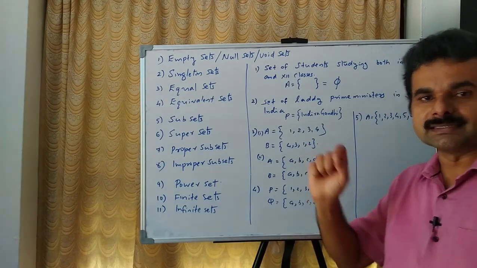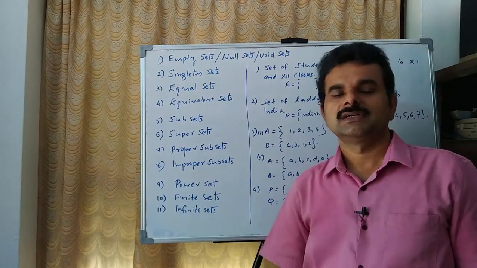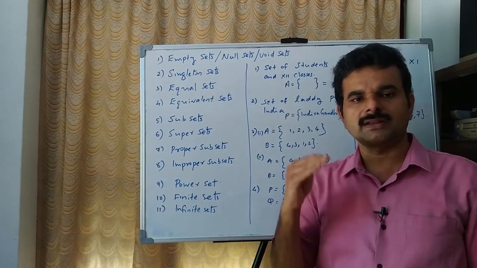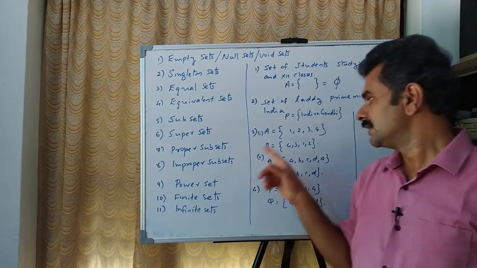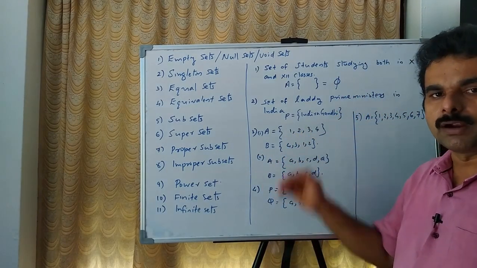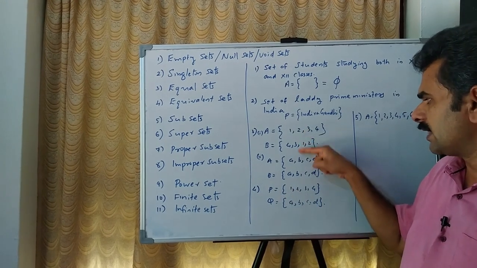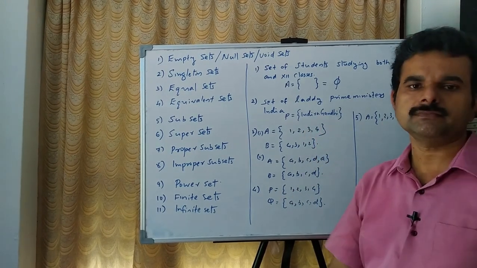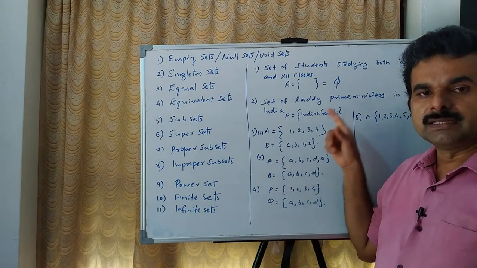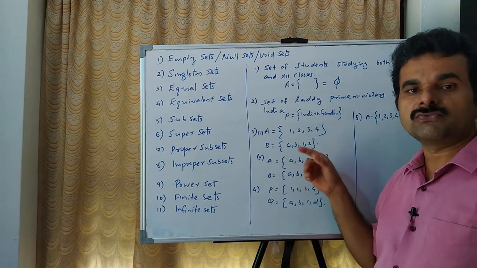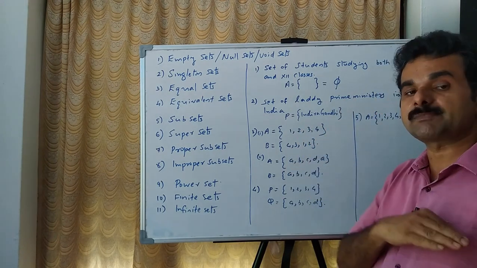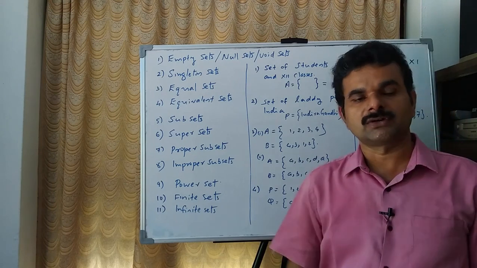To represent a set, order is not compulsory. So order is not important. You can write a set in any manner, only separated by commas, but order is not important, which means what? These two sets are equal. Because these two sets consist of the same elements 1, 2, 3, 4, irrespective of order or arrangement.